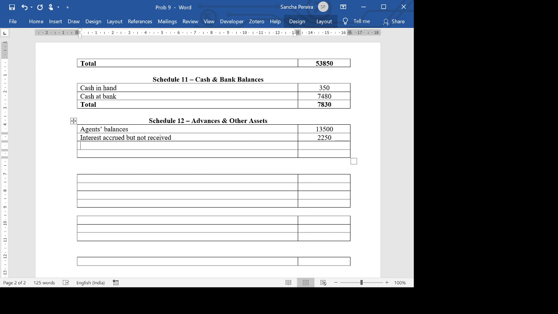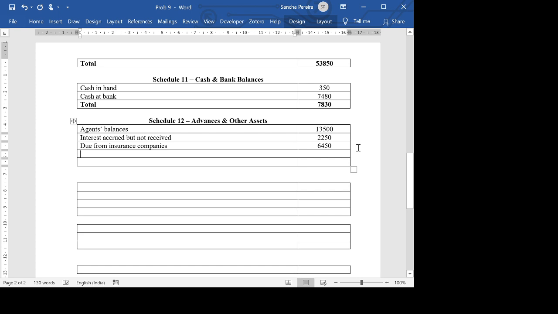Then we have due from insurance companies, which is 6450. Then we have stock of stationery.